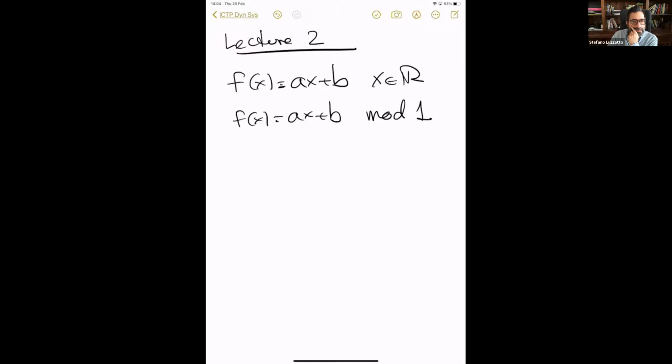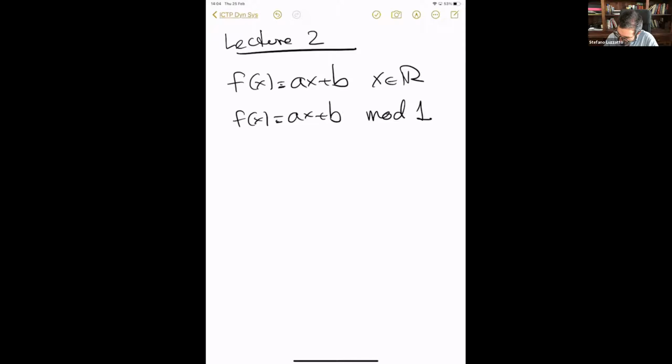Do you know what that means, mod 1? Yes, Rigidu. So we are taking the non-integer part, I think. Exactly, the non-integer part of the number. Right? So that means that this is really a map.